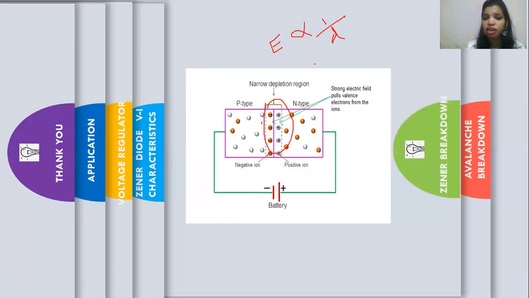But in this case, due to the high electric field, the electrons come out of the valence band. This is called Zener breakdown. So now the carriers are generated due to the high electric field, and in the last case they were generated due to multiplication. Both effects come into the case of the Zener diode.